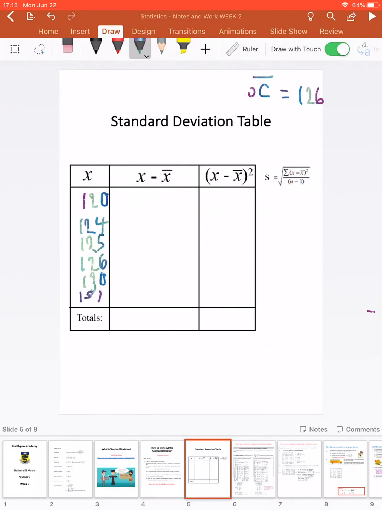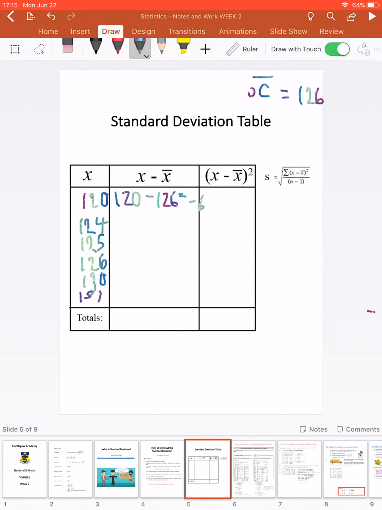So the mean was 126, so in this second column I have to do X minus X bar, so I have to do 120 minus 126. And I have to write my answer into this column here. So you get a calculator, but you can do this in your head. That's -6.